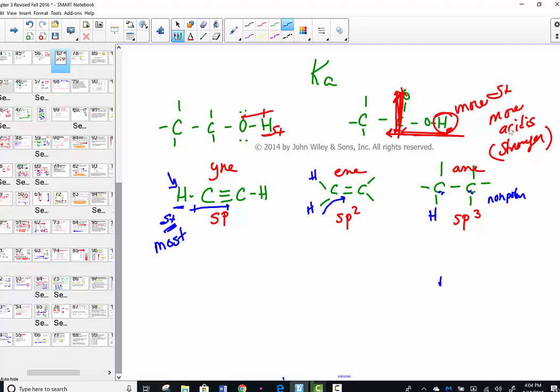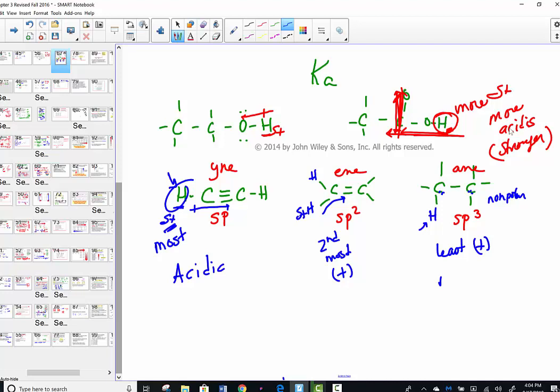The hydrogen in a double bond is second most positive. And in the single bond, this would be the least positively charged hydrogen. Although this is a nonpolar bond, it's a very poor acid because there's no unequal distribution of the charge at all.